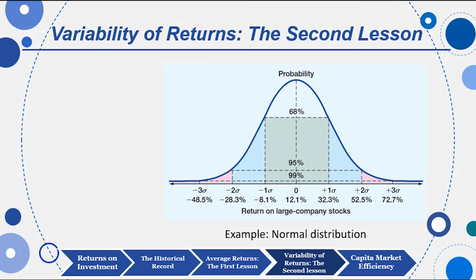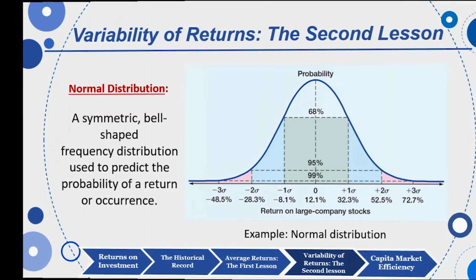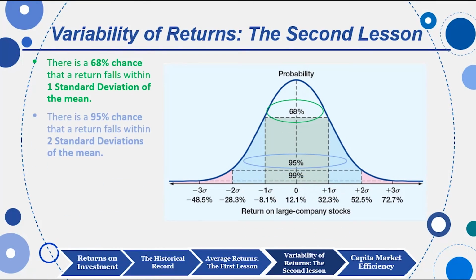Now, what's the advantage of calculating these standard deviations? With a normal distribution, I know that plus or minus 1 standard deviation from the mean, I can make an assumption about future returns if I have a normal, symmetric, fairly bell-shaped frequency distribution. The more data points I have, the more normal frequency distributions tend to look. So plus or minus 1 standard deviation from the mean, 2/3 of all future returns will fall within that band.